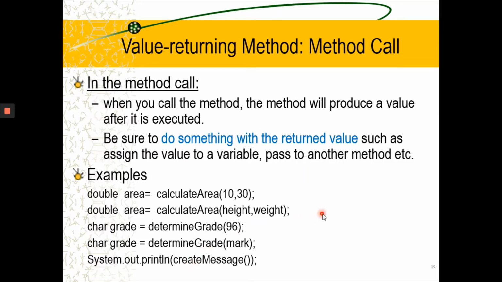If it is a void method, the one that we have learned earlier, we just call the method and send the parameters, or if there is no parameter, it's just the empty bracket. But in a value returning method, it is compulsory for you to have one variable on your left hand side to accept whatever value is returned by the method, or you can directly print the value in the SOP.